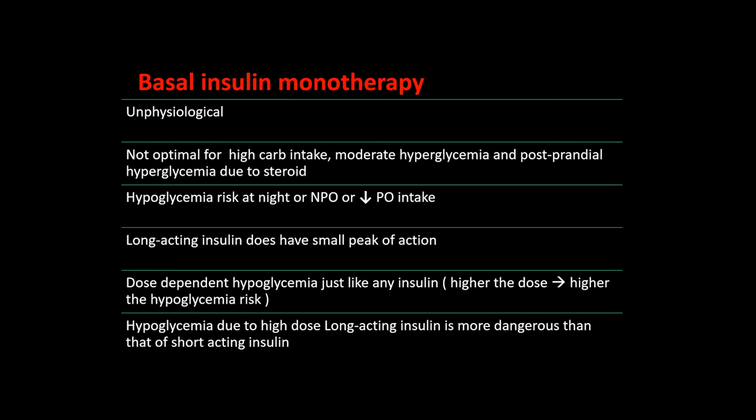The take-home message is that hypoglycemia due to high-dose long-acting insulin is more dangerous than with short-acting insulin. So long-acting insulin monotherapy is not very safe if you keep going up the dose. At some point, you might have to start short-acting insulin.